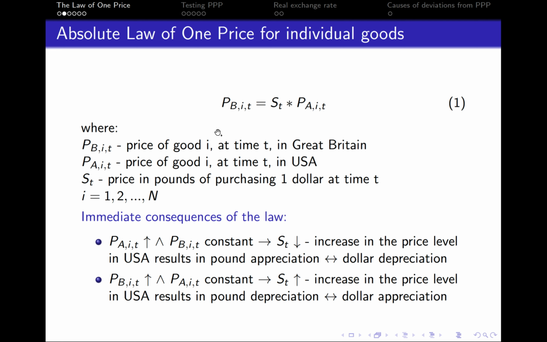This component, the price of good i in Great Britain, is constant. Now, if the price of good i in the United States goes up, then of course to maintain equality, the spot exchange rate needs to go down. So, what it means is that now we will have to pay fewer pounds for $1 for this equality to be maintained.